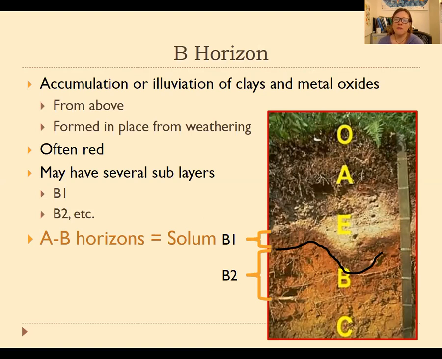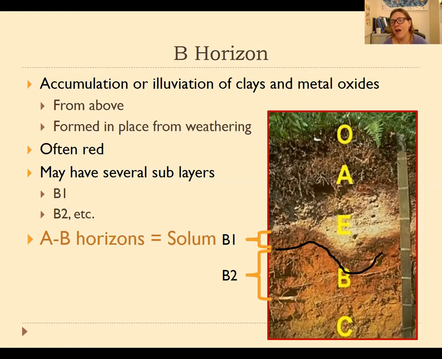And so the B horizon tends to be usually a little bit redder than many of the other layers in the soil. And remember, that's because iron oxide, which might be present in these different kinds of clays, has that rusty color to it. And in a well-developed soil, there may be even more than one B horizon.